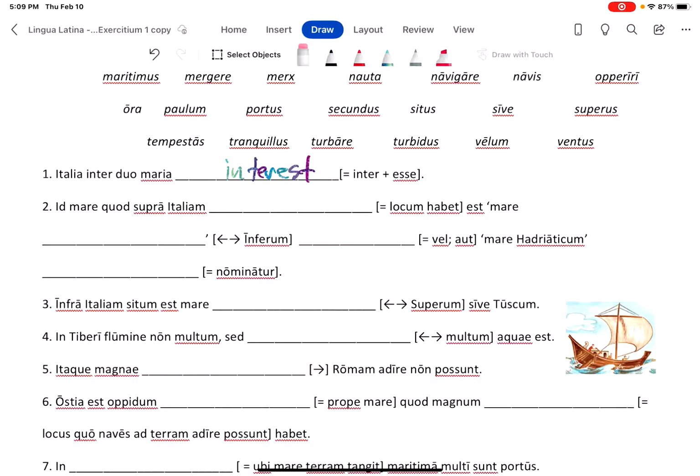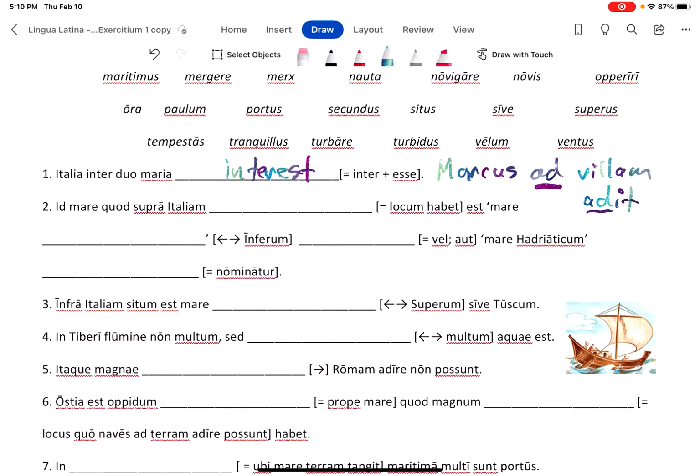I'll give you another example of this to help clarify. We've seen a sentence such as Marcus ad vilam adit, meaning Marcus goes towards the villa. And we have ad twice, once as a preposition and once in the verb adire. Adit means to go towards, ad it.